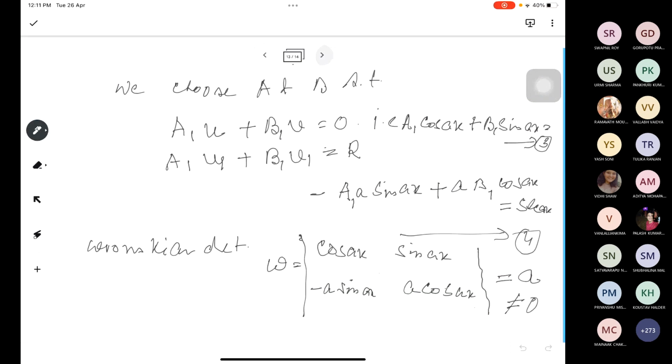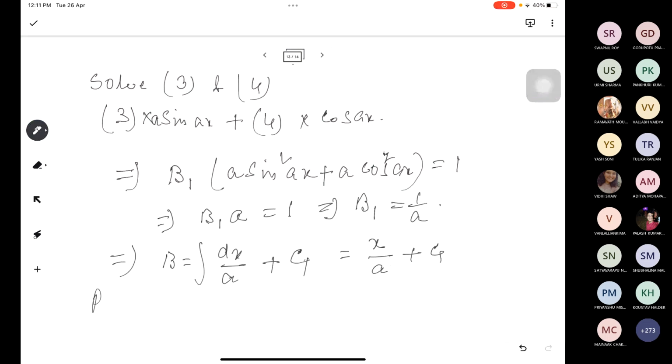So A1 cos ax plus B1 sin ax, where B1 means 1 by a, is equal to 0.